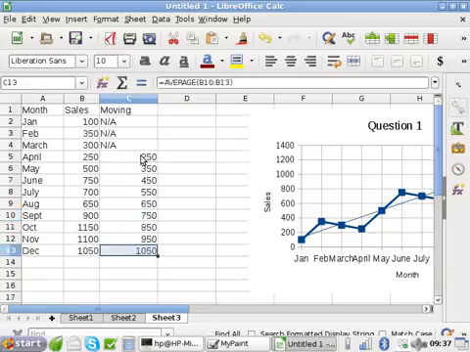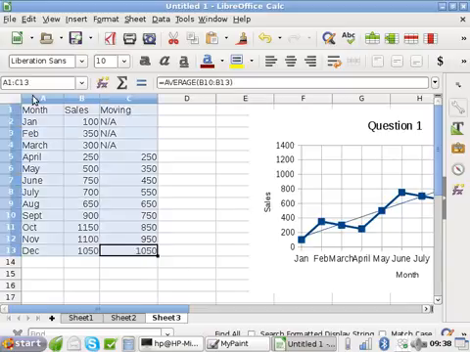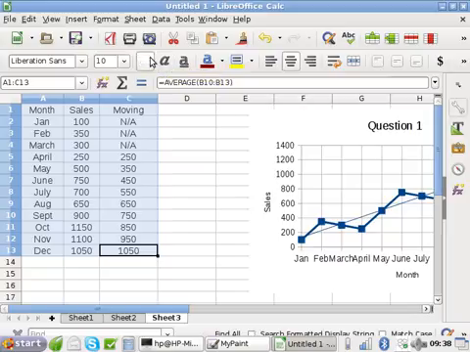So each of these is the last four numbers averaged. So like for example, this 750, what four numbers did I use to get the 750? 900, 650, 700, and 750. Okay. Right, so can you write that down so far now?